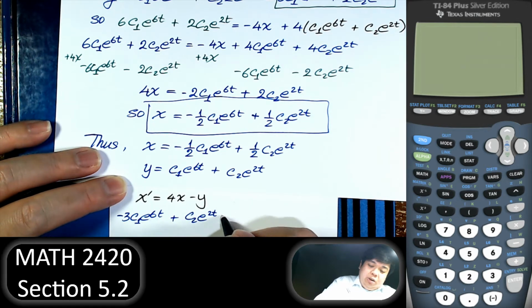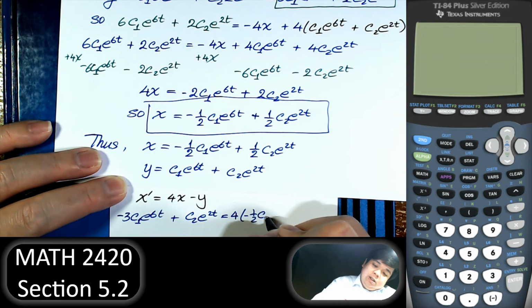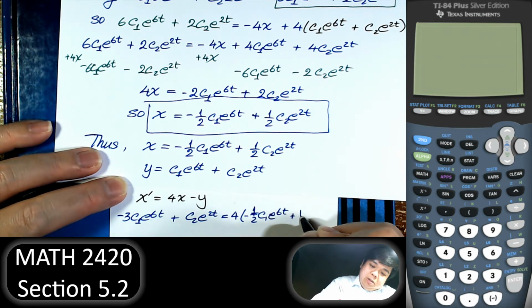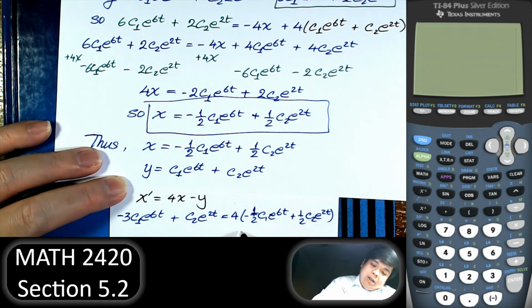So that is the derivative. 4 times the function, c1 e to the 6t plus 1/2 c2 e to the 2t, and then minus c1 e to the 6t, c2 e to the 2t.